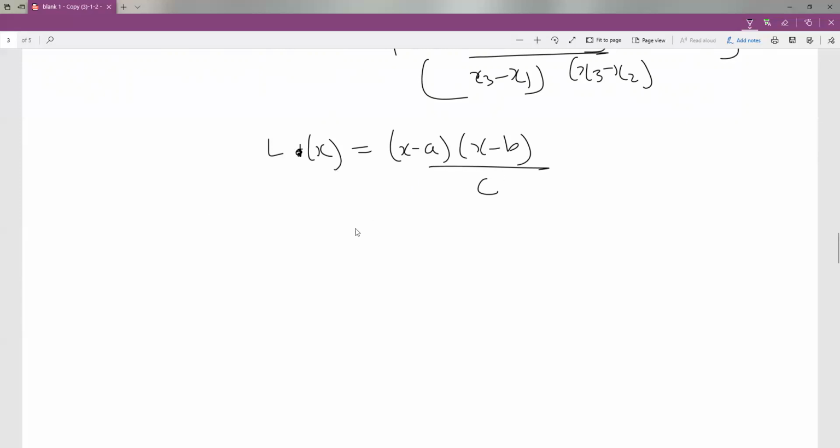Of course, a, b, c are constants, and it has to satisfy the Kronecker delta property. Let's say we want to develop it for the quadratic, and if there are 3 points, we want this function to vanish at x2 and x3.